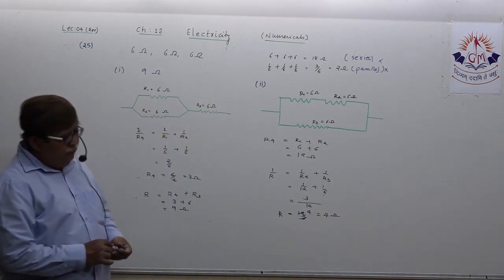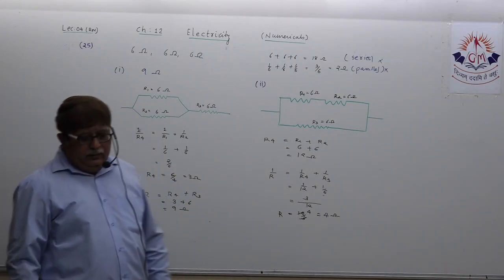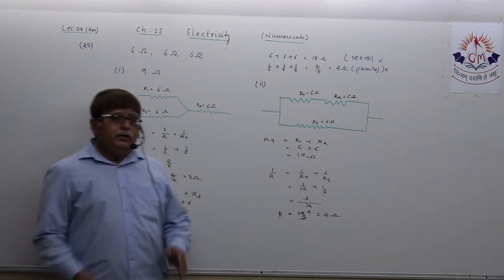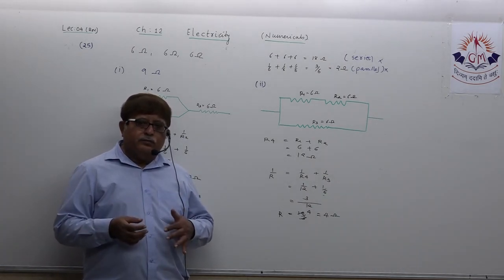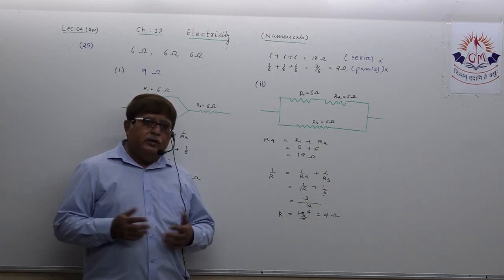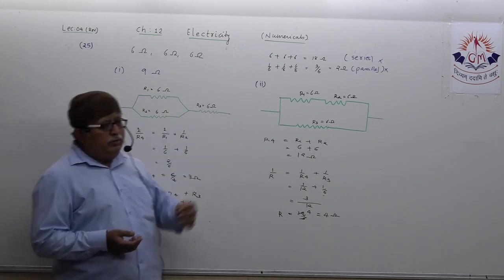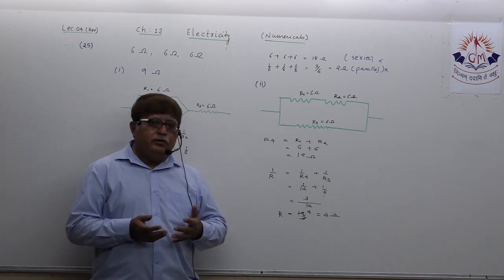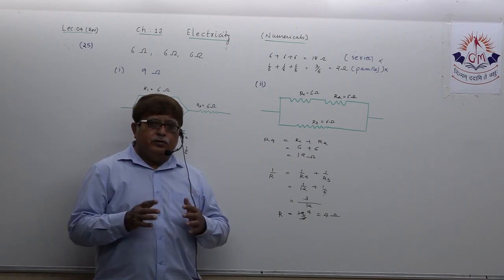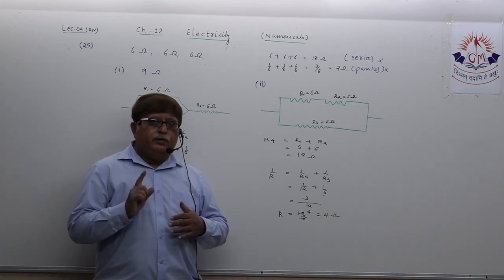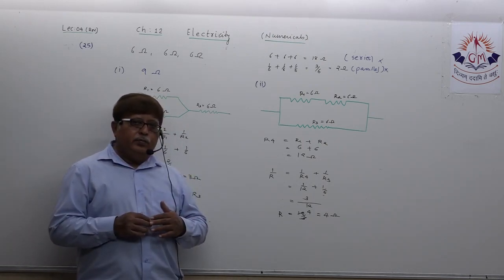Understand? So, dear student, any time such numericals come in front of you, don't ask sir, don't ask anybody how we come to know that we have to think of such a combination of resistors. Whenever you are given resistors you just have to check what you get if connected in series, and what you get if connected in parallel.